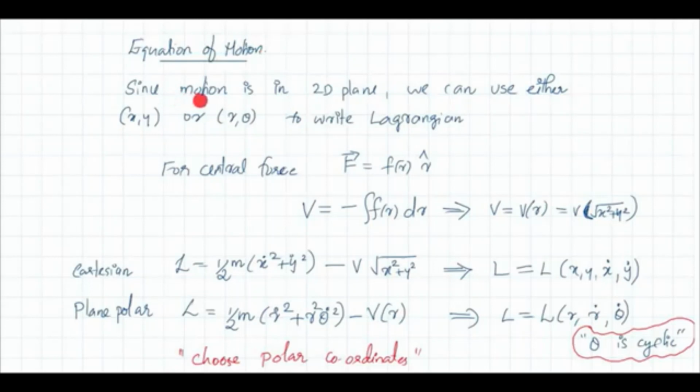We already mentioned that the motion is in a two-dimensional plane. So we can use either Cartesian coordinates x, y or polar coordinates r, theta to write the Lagrangian.